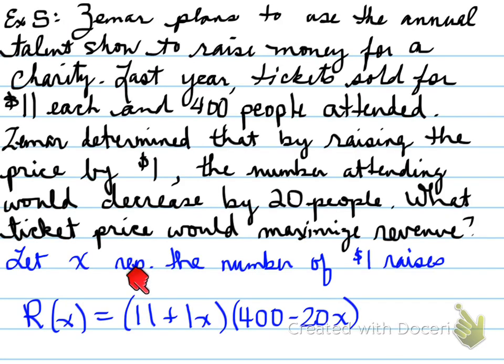So 11 plus $1 increases, we don't know how many increases that will be, times the number of tickets sold, and every time you increase it, well, you decrease the number of tickets that you'll sell. Increase price, decrease tickets. Decrease price, you increase tickets. So there's always going to be a yin and a yang with that. All right.